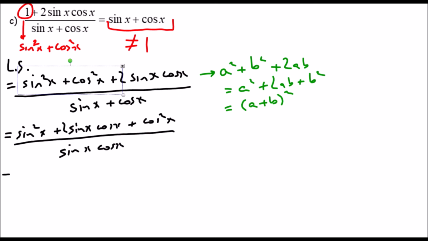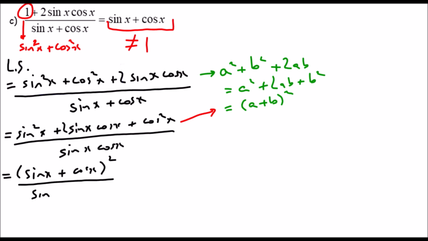So this is really sine x plus cos x all squared, all over sine x plus cos x.